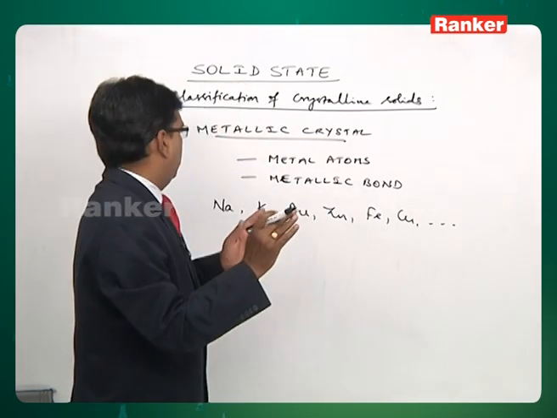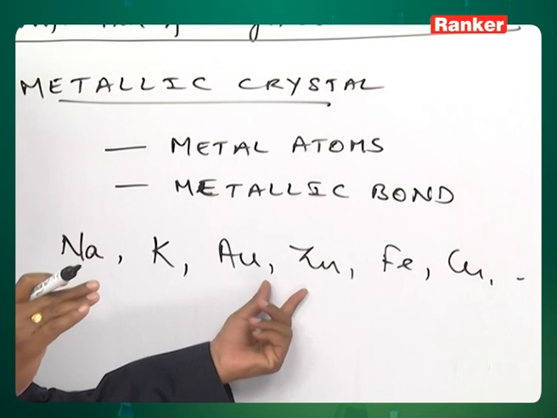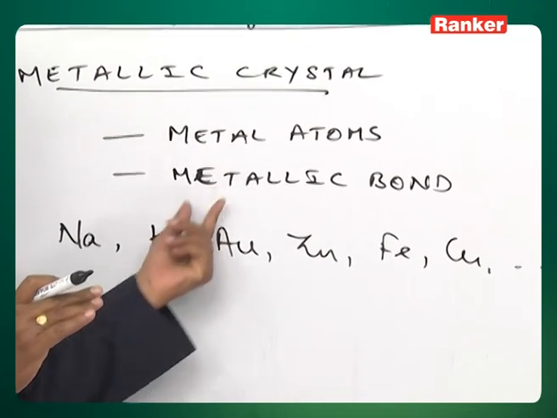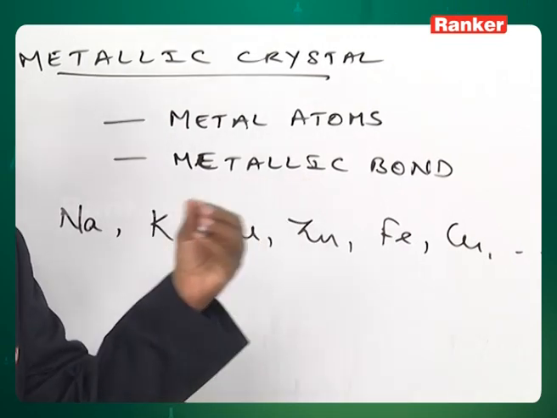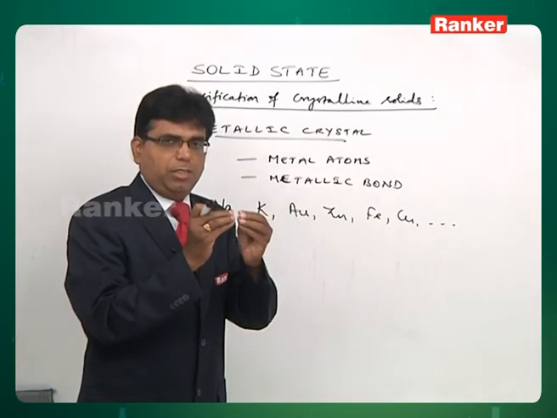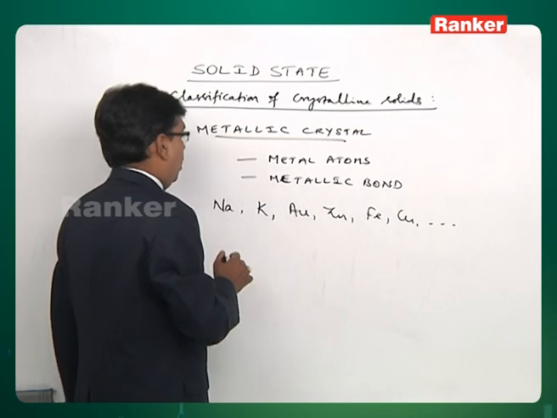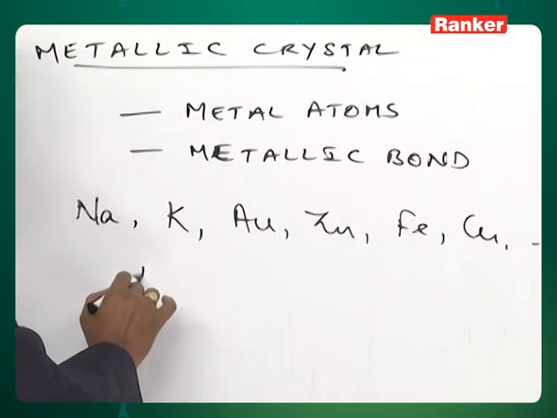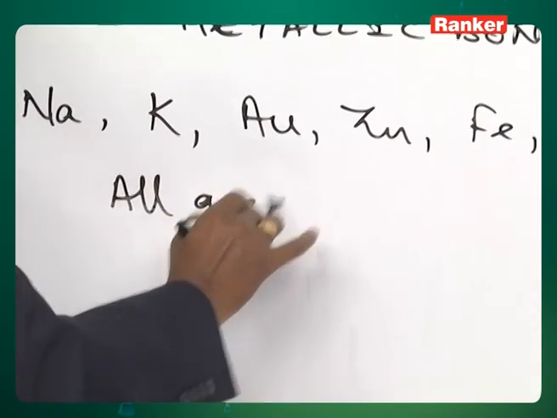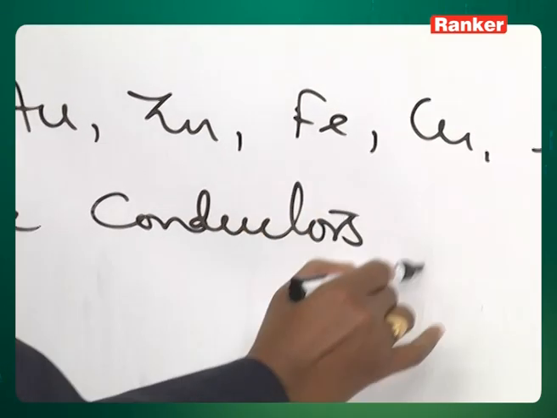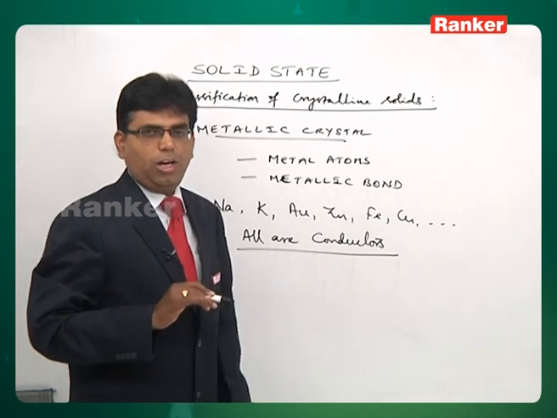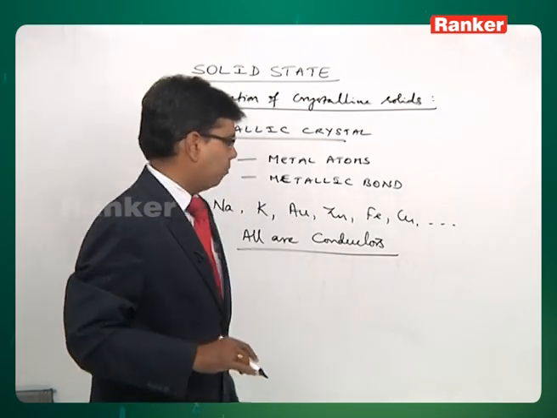So, the metal atoms are the constituent particles and the metallic bond is an intermolecular force, a force that binds each metal atom together, and all metallic crystals are conductors. All are very good conductors.